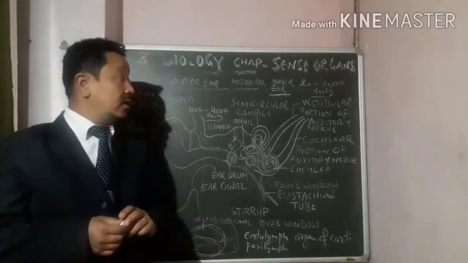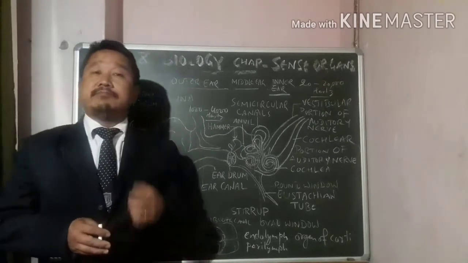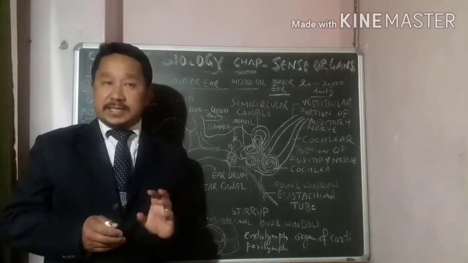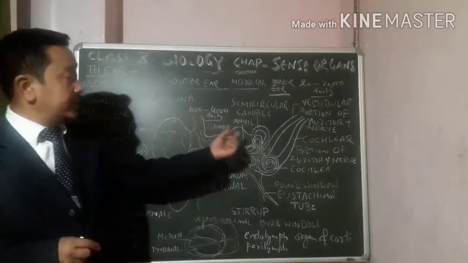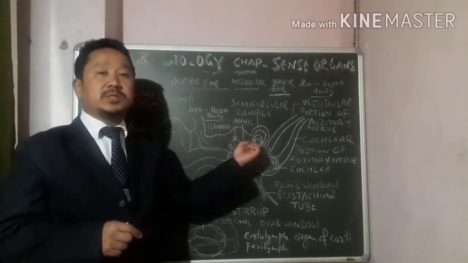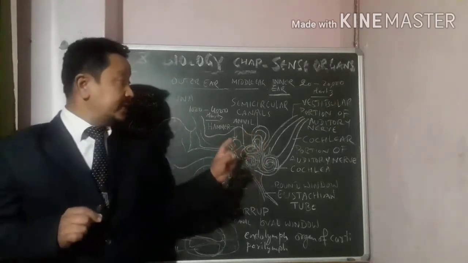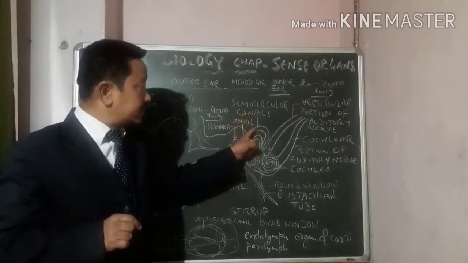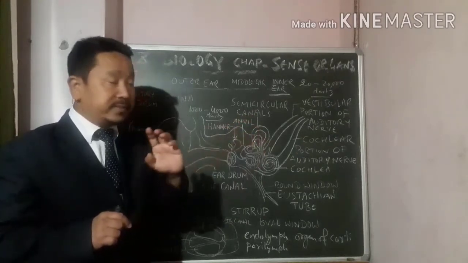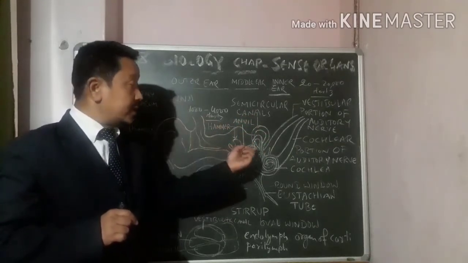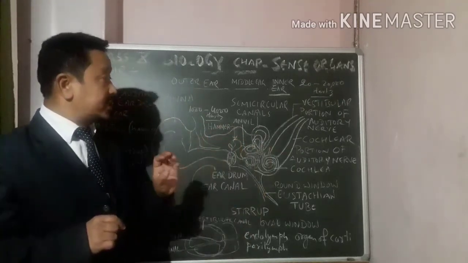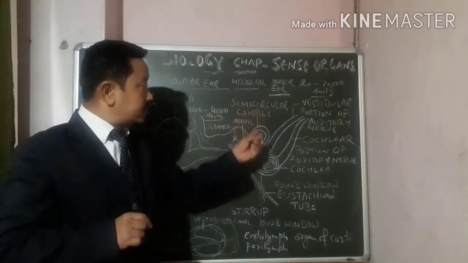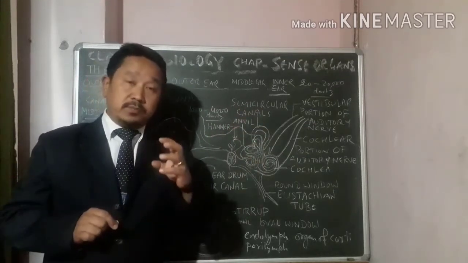The other function of the ear is balancing, as I've told you. How it maintains the balance is that this part of the ear, the semicircular canals, is responsible. As you see here, three semicircular canals are arranged at right angles to each other, which we have already discussed. They also contain fluid.